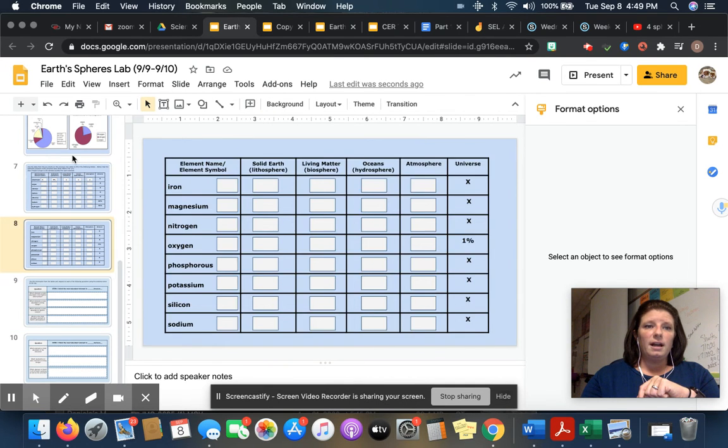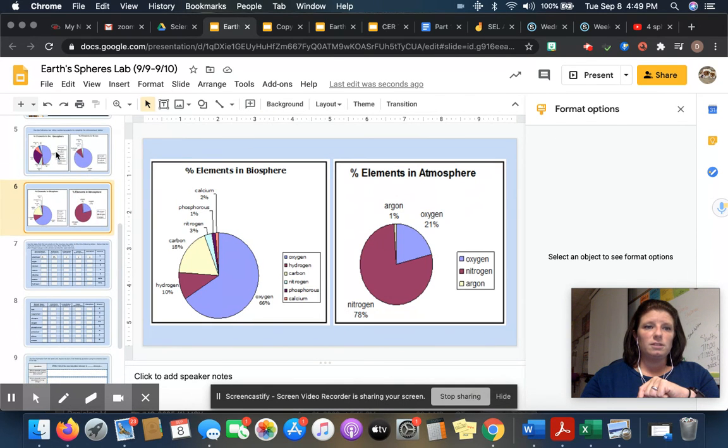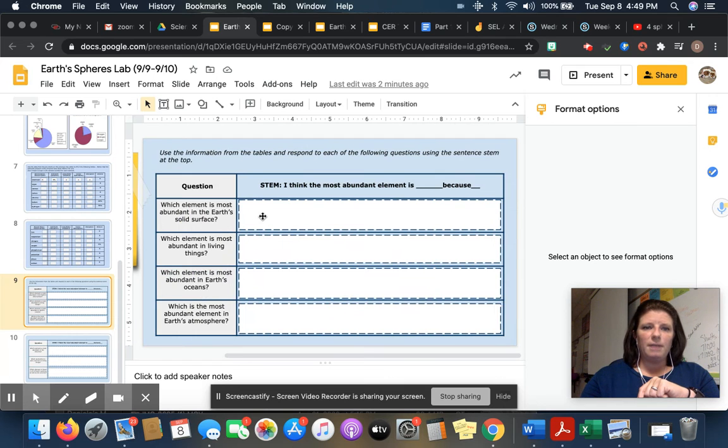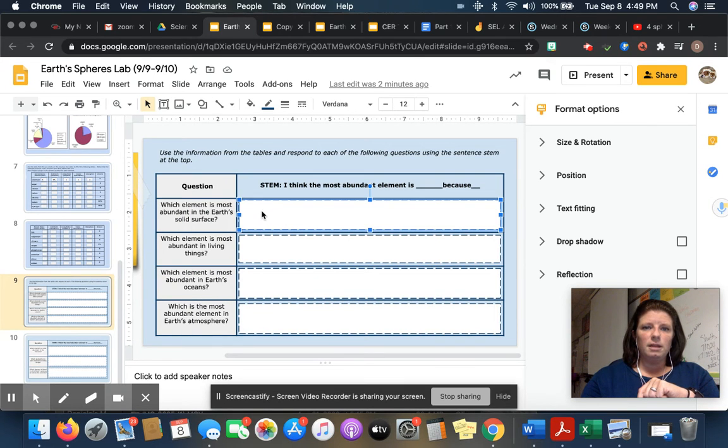So if I come up to the Earth's solid surface, which is the geosphere, which element do I see the most of? So I'm going to look for my biggest one, and it's oxygen. I'm going to come back. I'm going to use the sentence stem.